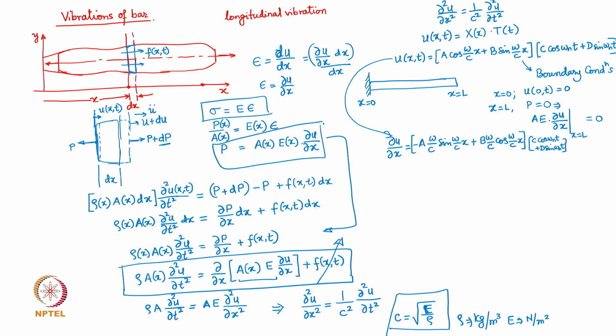So those are going to be there. So this ∂u/∂x at x equal to L will be what? This is going to be −a (ω/c) sin(ωL/c) + b (ω/c) cos(ωL/c), and this times the harmonic time function is equal to 0.